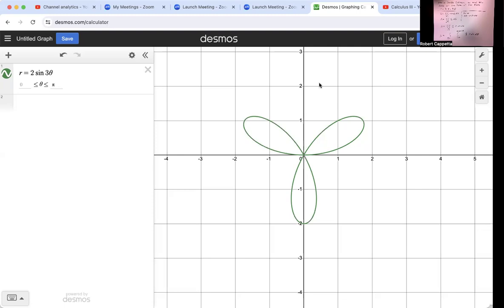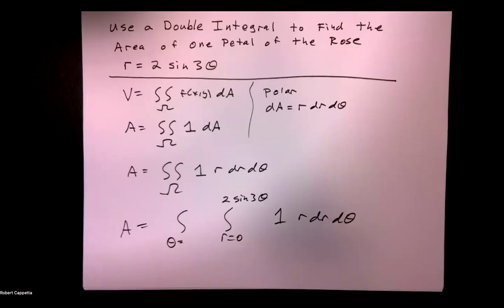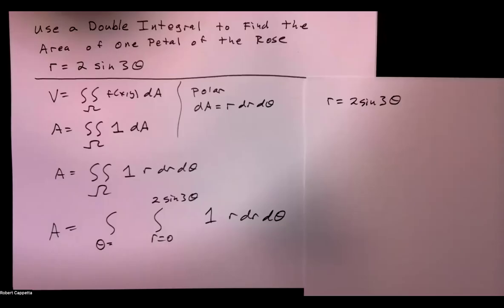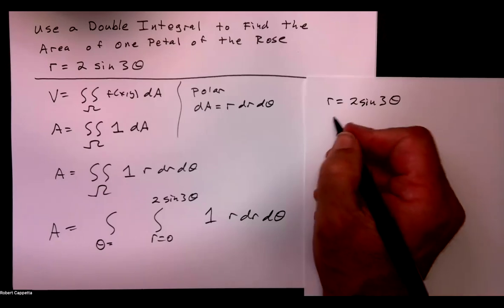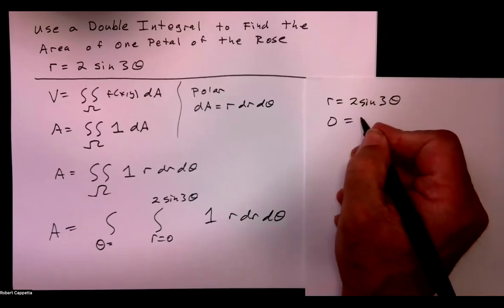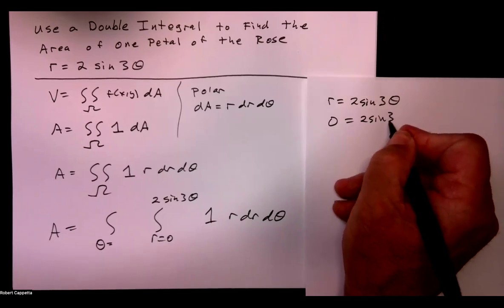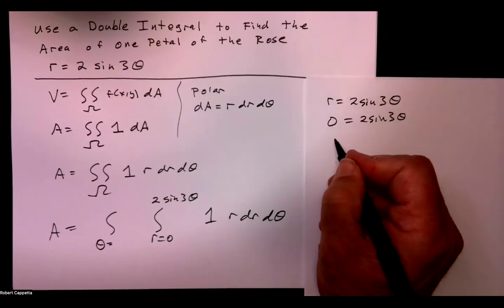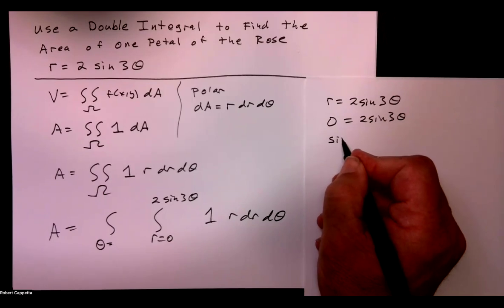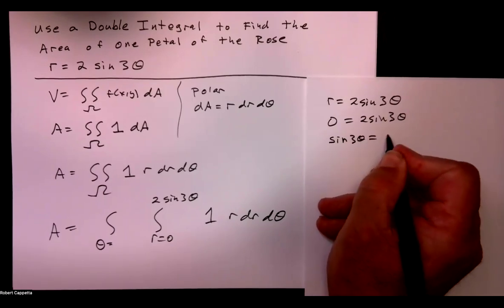So we need to figure out when r equals 0. So let's do a little analysis. We have r equals 2 sine 3 theta. I want to know when r equals 0. So 0 equals 2 sine 3 theta, which would mean sine of 3 theta equals 0.